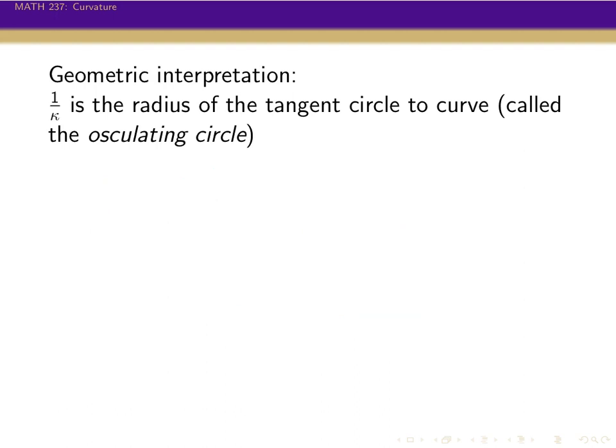Okay, so remember that our kappa is equal to the magnitude of T prime divided by the magnitude of r prime. Let's use some basic facts about derivatives from Calc 1.